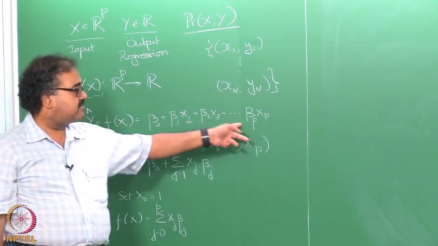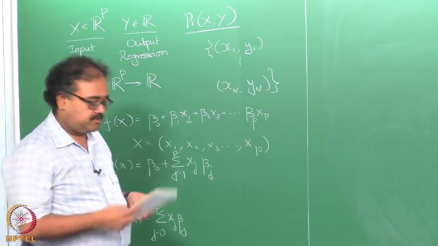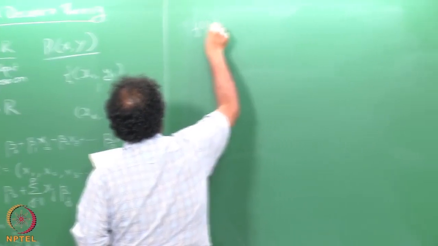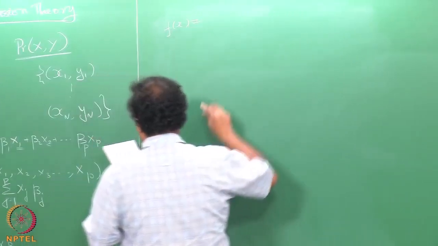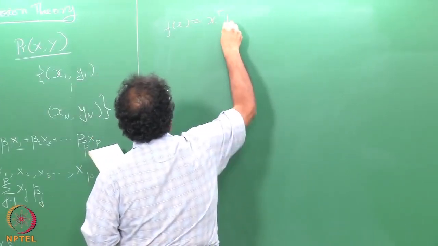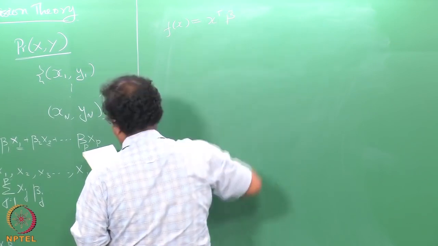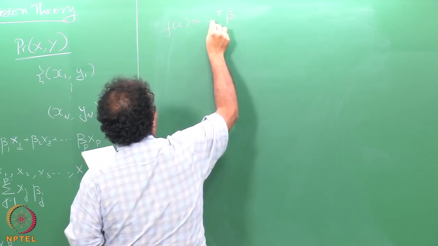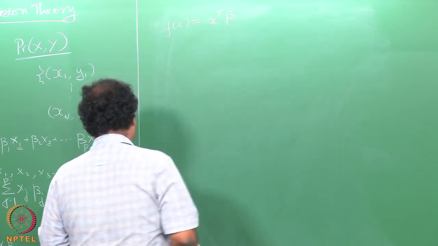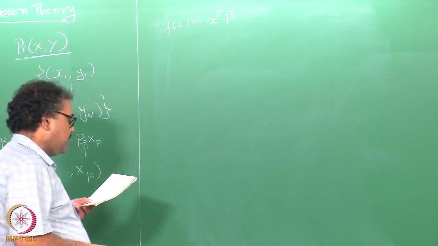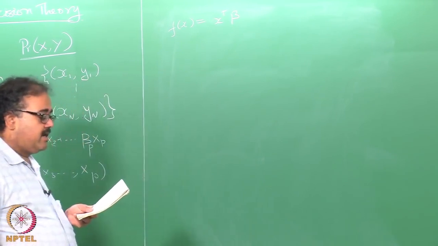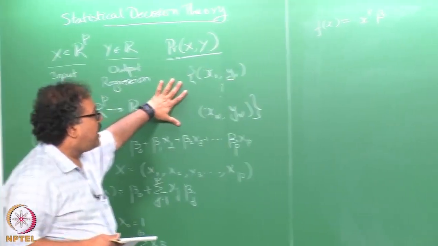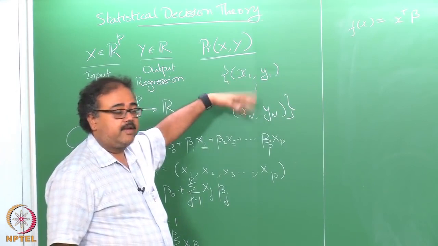So, f can be written as beta 1 x 1 plus beta 2 x 2 and so forth. Essentially, in vector notation, we assume f of x to be x transpose beta, and if you look at it from the training data point of view, I can think of having a vector notation for this.